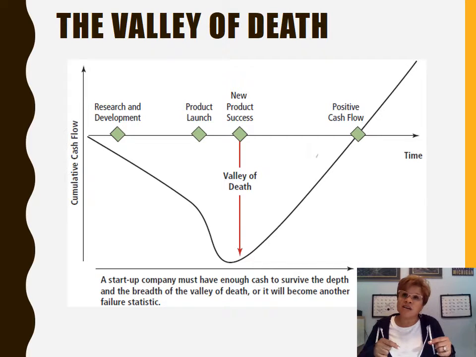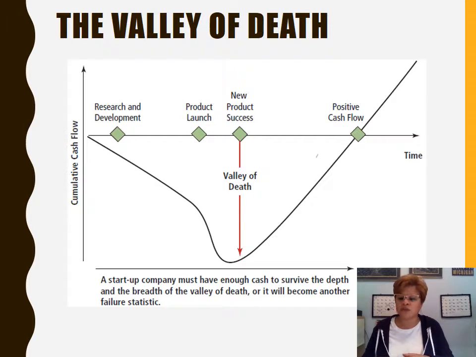And unless I understand kind of when that is going to happen and how that happens, I won't be able to get out of the valley of death cash flow. So good businesses that are foundationally sound and whose owners understand this particular diagram really well, are able to understand that I'm going to hit that. I'm going to have some reserves.